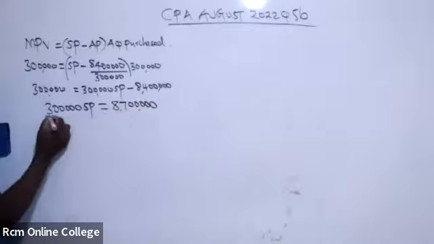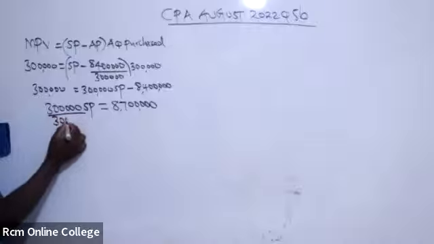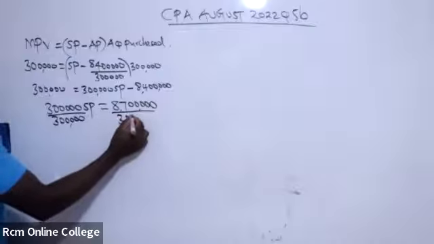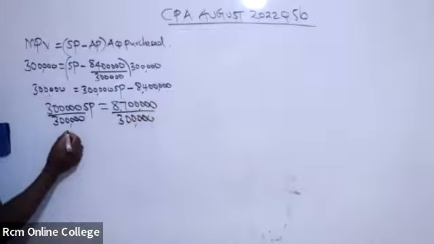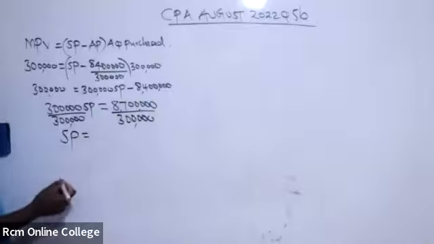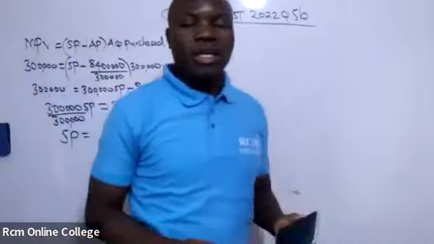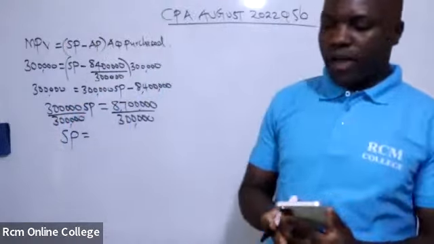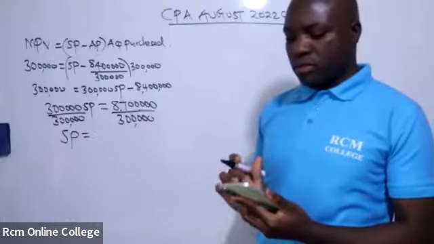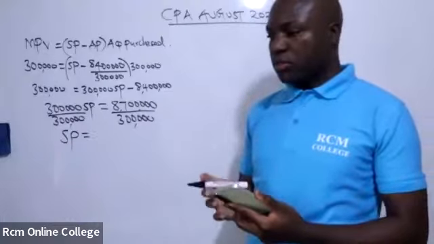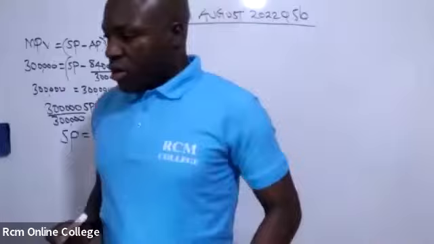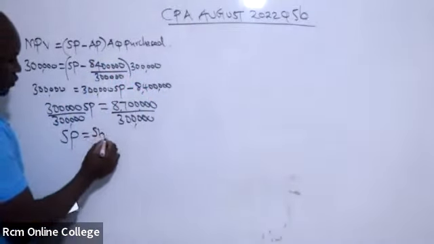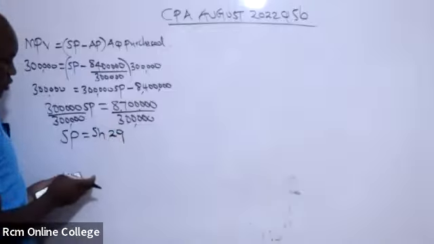Can we now divide by 300,000 here? What is the standard purchasing price of a kg of raw material? 29 shillings, right? So we go to shillings, 29.